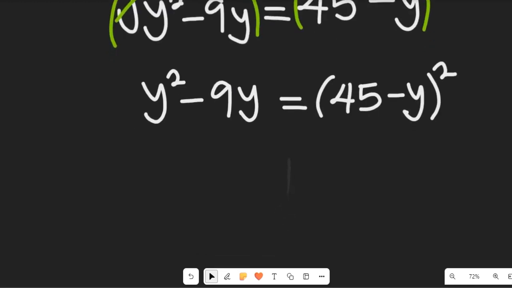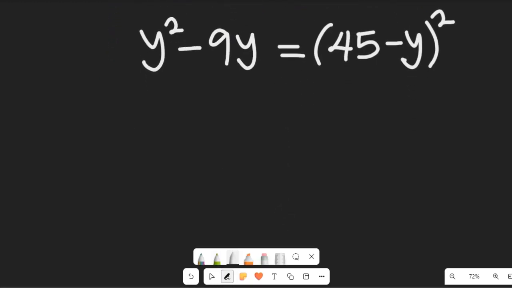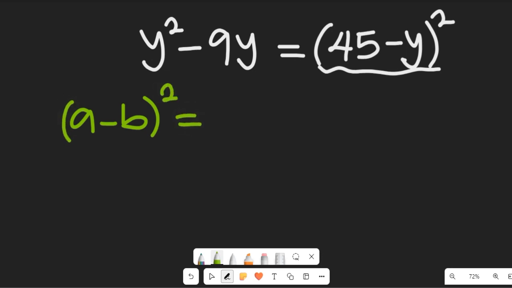Now you remember an algebraic identity, we're going to use it to simplify this. From that identity, you remember that (a minus b) all squared is equal to a squared minus 2ab plus b squared.